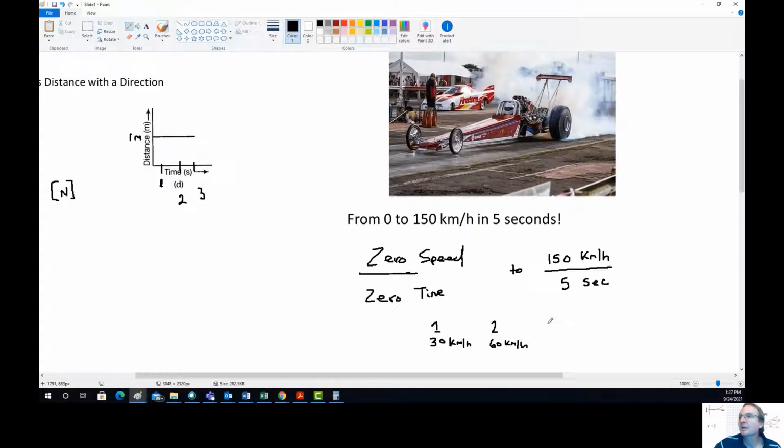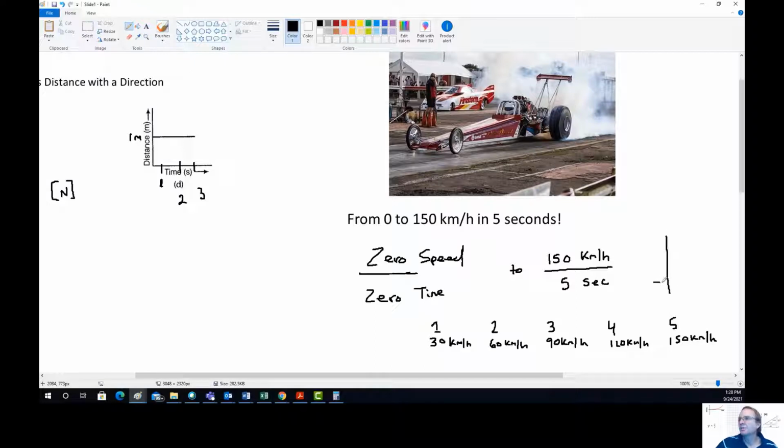This is counting up to 150. After 3 seconds, 90. After 4 seconds, 120. After 5 seconds, there we go, 150 kilometers per hour. That's how we calculate what's technically called average acceleration.